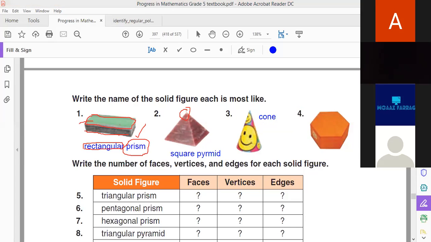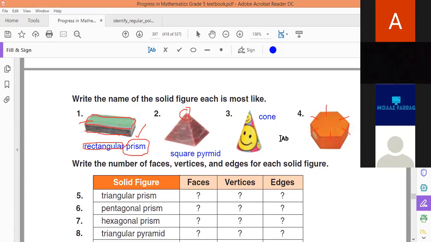Shape number 4. How many sides does it have? 6. 1, 2, 3, 4, 5, and 6. So with 6 sides, what do we name them?